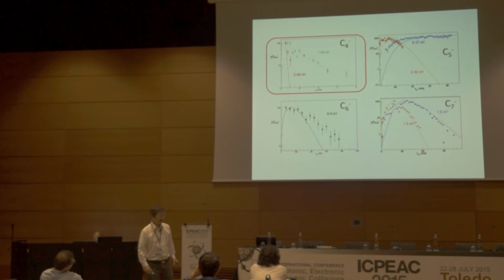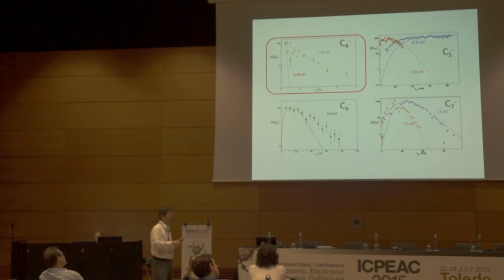For C6 minus, it just decreased because C6 minus cools so fast. At the beginning of the storage, the peak is already on the lower side of the energy window, minus h nu, and the further cooling lowers the overlap. So we can see just a decrease.